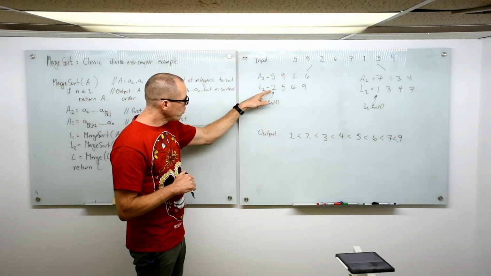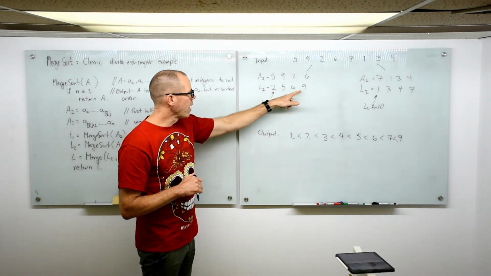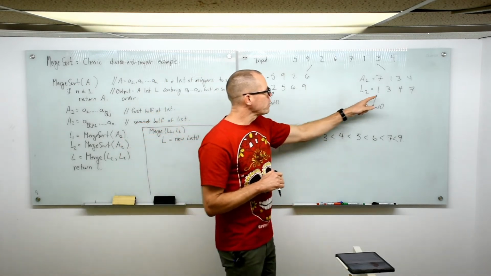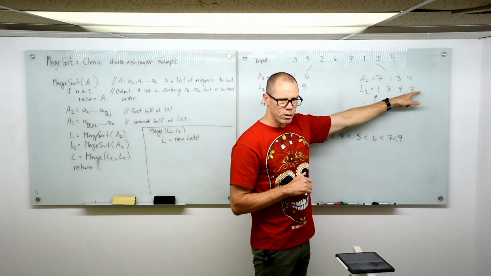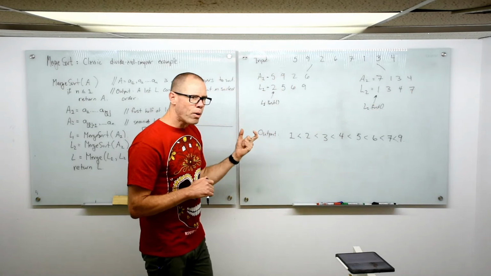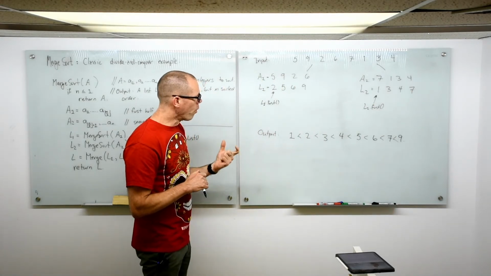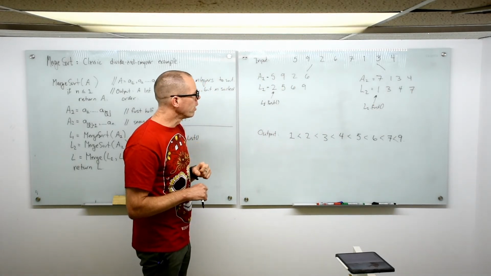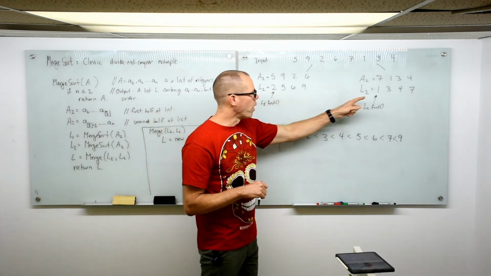Because 2 is smaller than everything else in L1, 1 is smaller than everything else in L2, so that means one of those two is the smallest overall, and the only question is which one.